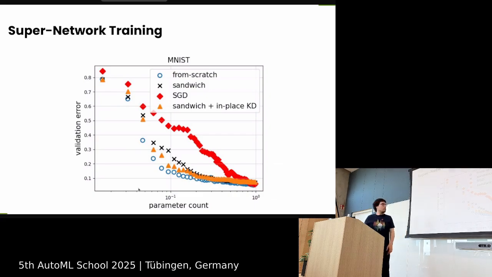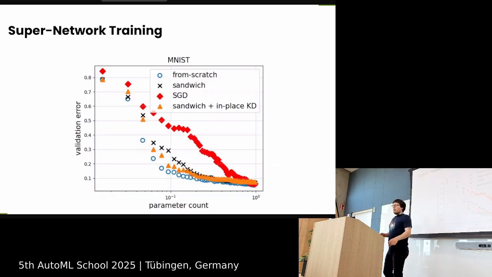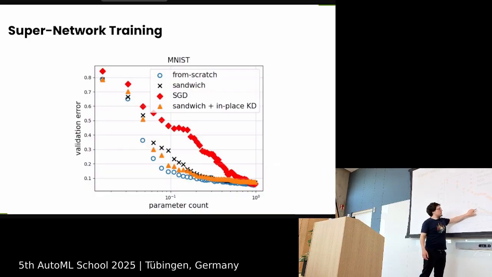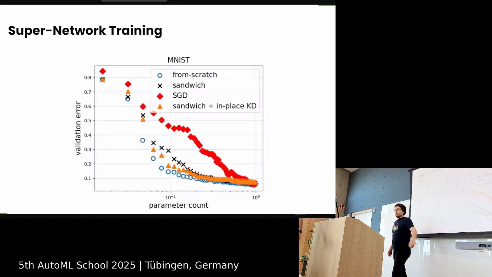Now, here I do the same thing, but I train it with the sandwich rule and the sandwich rule plus in-place knowledge distillation. And you can see it's much closer to the performance of the original networks than if you would just do this SGD training. It's not perfect, right? You still lose a little bit here, but keep in mind, here we train one network, and here in the blue ones, we would train 128 networks. So it's tremendously faster. And even though you lose a little bit, on larger networks it's still feasible.